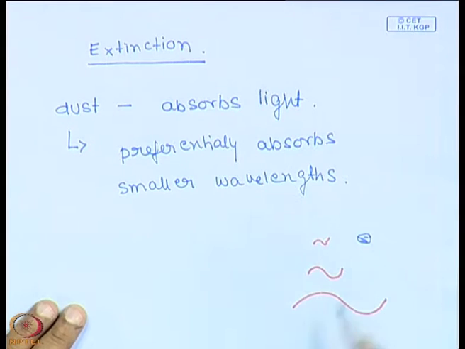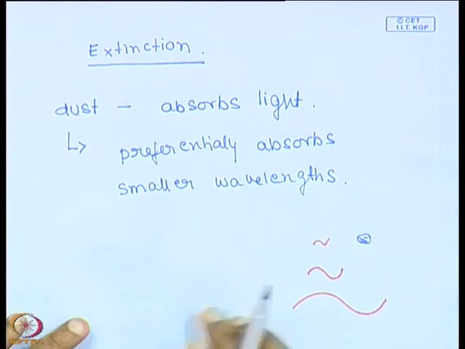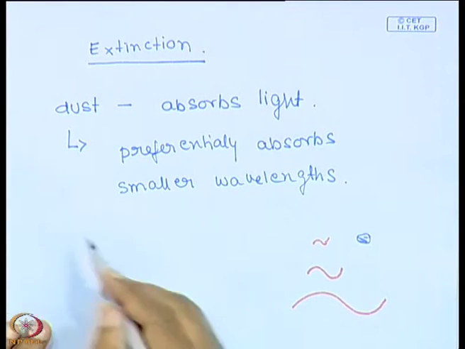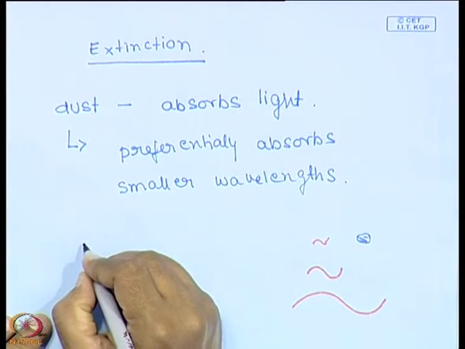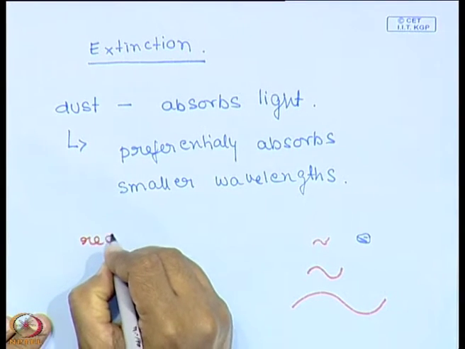So, dust is very effective in absorbing high frequency or small wavelength light. It does not affect the redder light as much. Okay, it does affect it. So, what dust will do is it also causes reddening.